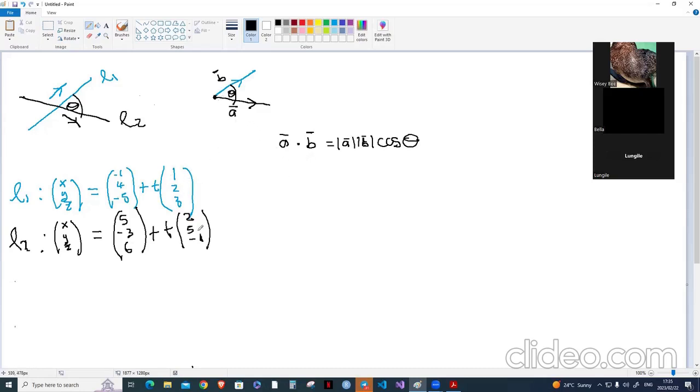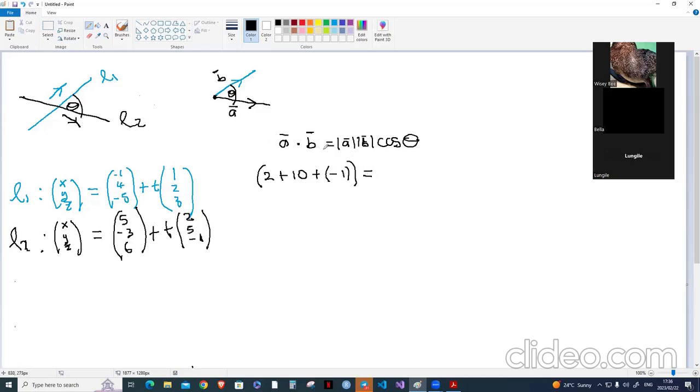We dot these two: 1 times 2 is 2, plus 2 times 5 is 10, plus 1 times minus 1, that's minus 1.